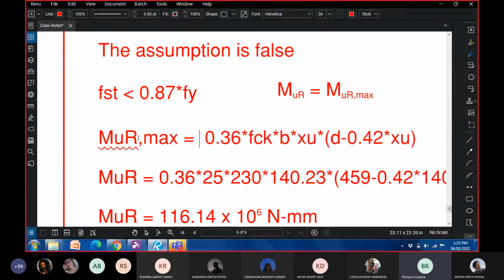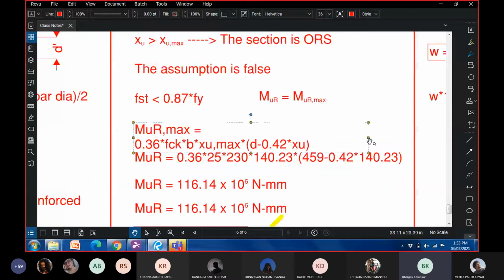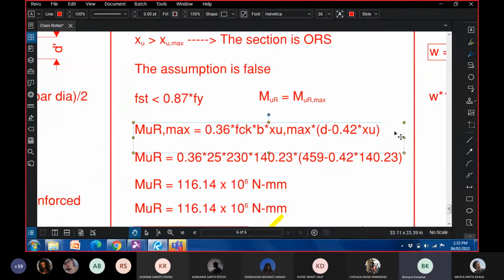So MUR max is equal to 0.36 FCK B into XU max, then D minus 0.42 times of XU max.